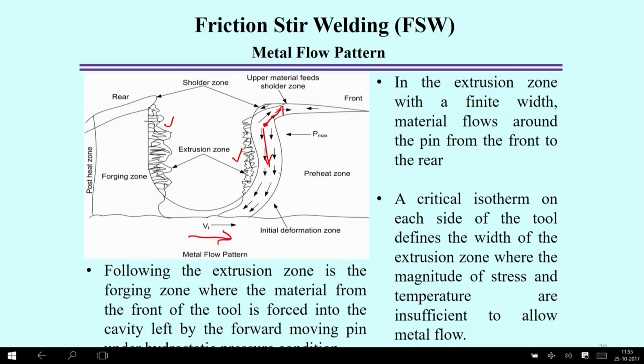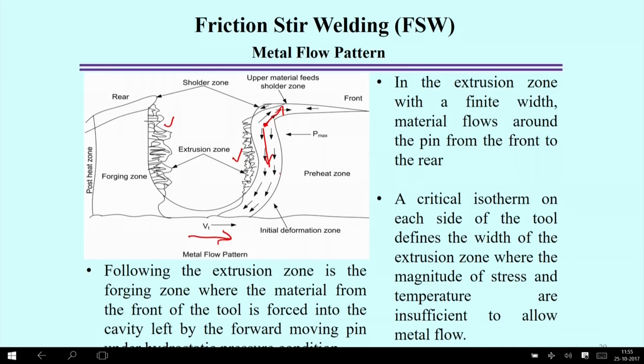And in the extrusion zone, which has a finite width, that means a very small narrow zone, we can find that material also flows around the tool. So, even within the extrusion zone the material also flows around the tool.